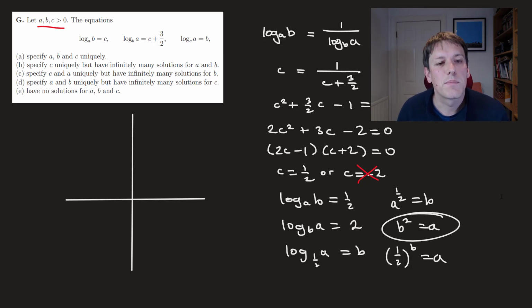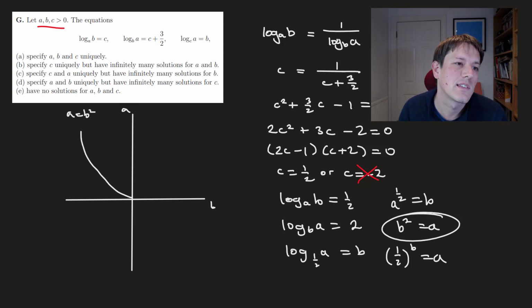So let's just think about the graphs here. Let's say I drew a graph of a equals b squared, we'll call these axes a and b. We know what that looks like, something like this.